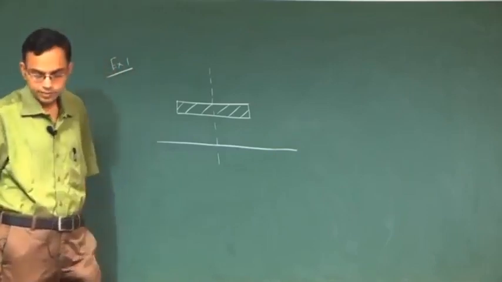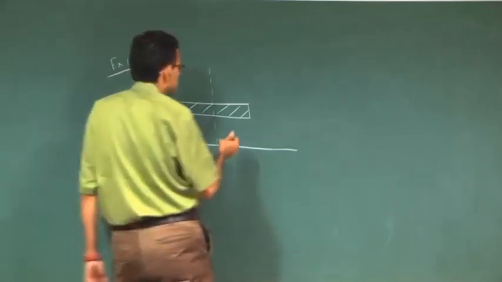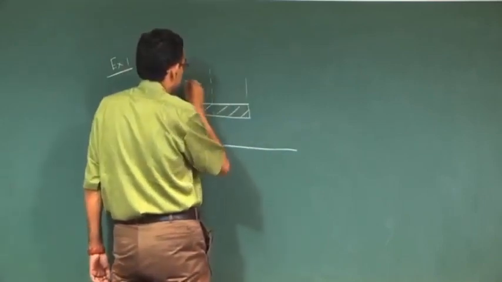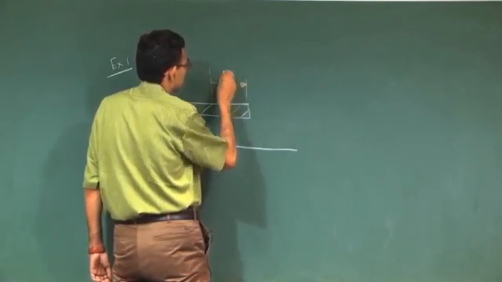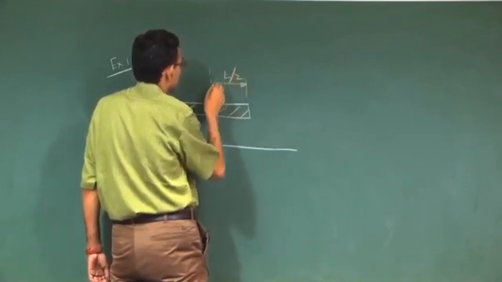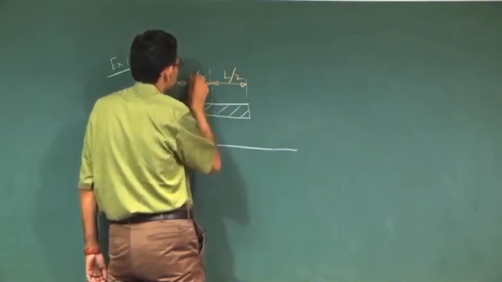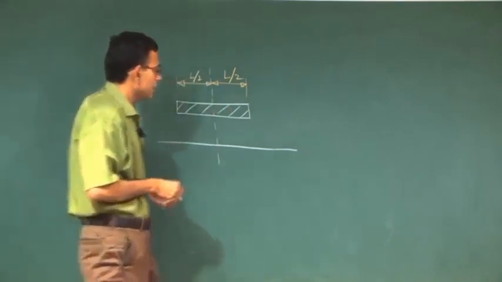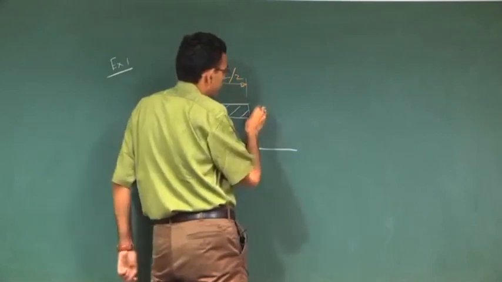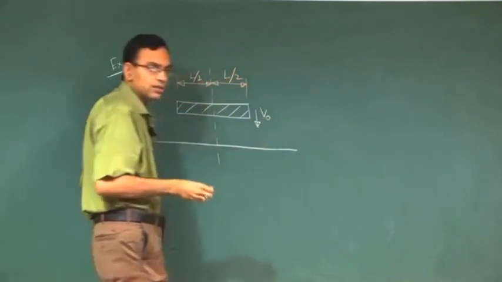you have a plate. The length of the plate is L and this plate is coming down with a uniform velocity V naught.